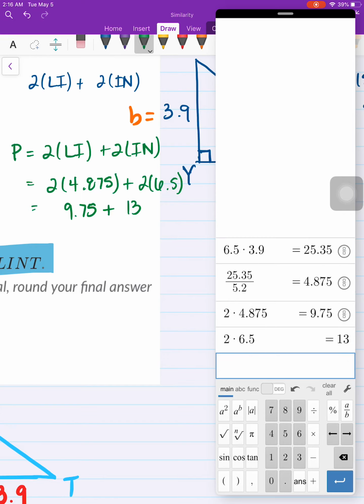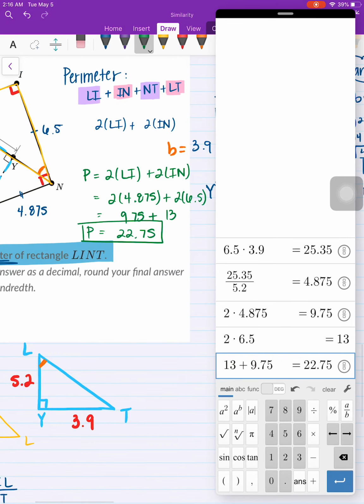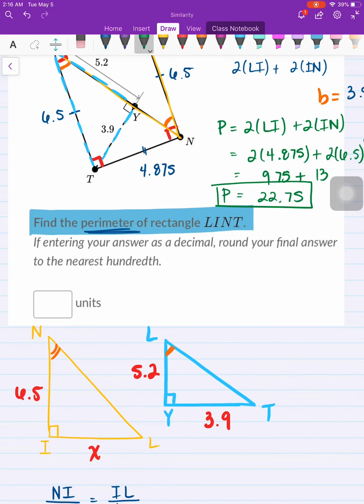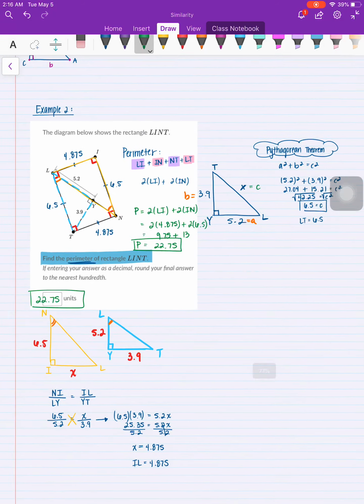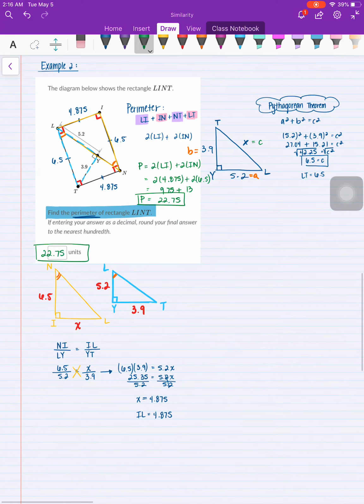So if we add these two, 13 plus 9.75, we're going to go ahead and get 22.75 as our answer. And this here would be our final answer. This would be perimeter. So in this case, our final answer would be 22.75 units. So there you have it.